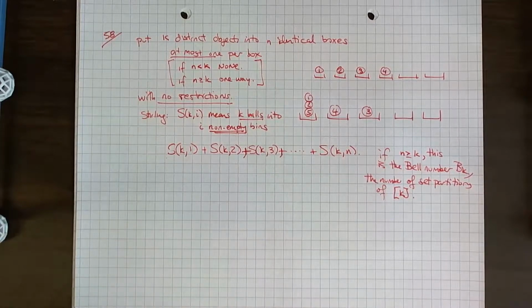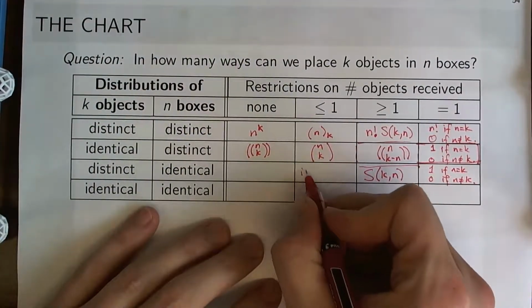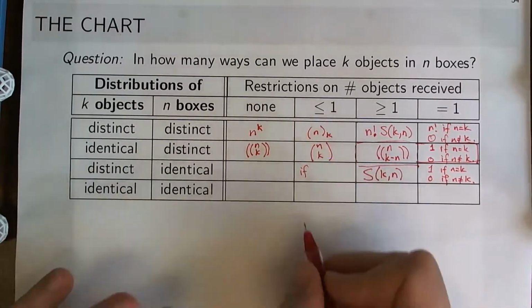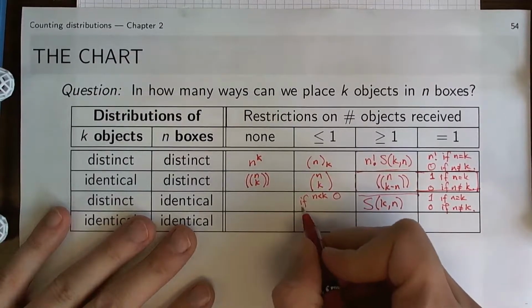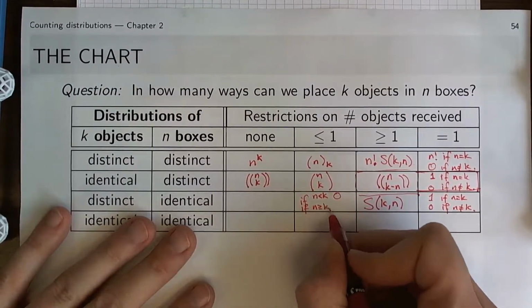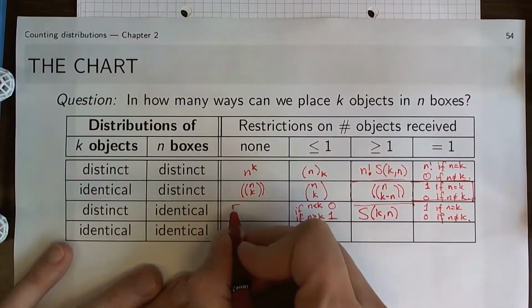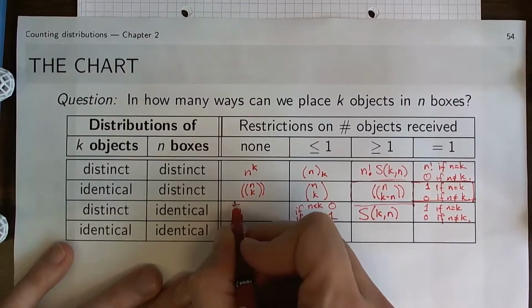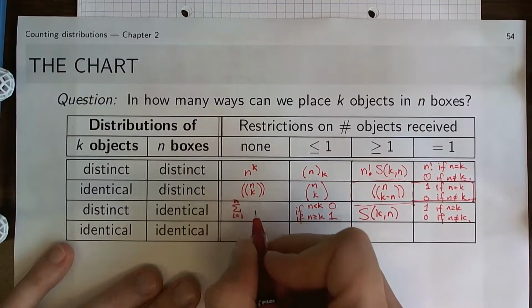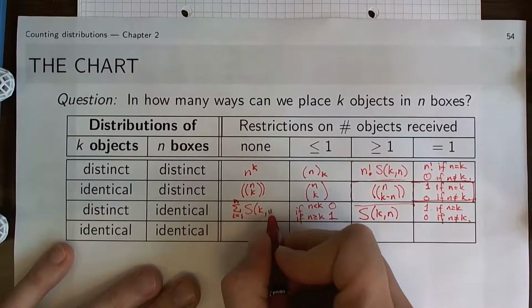All right, so let's put this in our chart. If n is less than k, 0. If n is greater than or equal to k, 1. Whereas this is the summation from i goes from 1 up to n of S sub k,i.